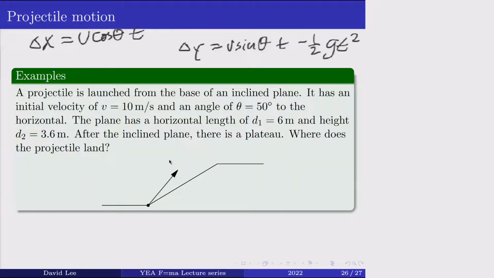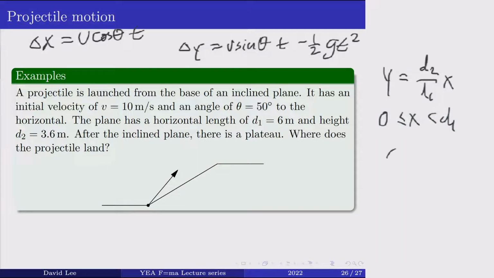The equation would be y is equal to d2 over d1 times x. And then what makes this problem a bit trickier is that there's a plateau after that. So this equation is actually only valid whenever x is between 0 and d1, right?